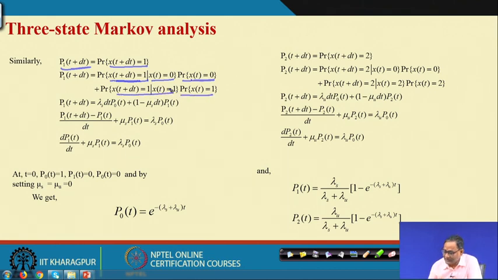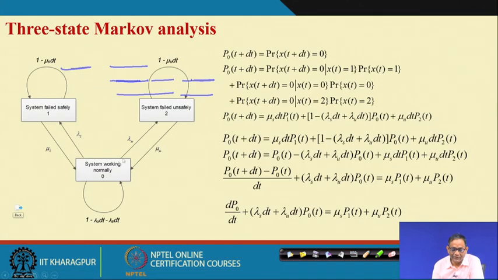We have not considered anything related to the transition from fail safe to fail unsafe or fail unsafe to fail safe. This is not possible under the given condition. So, there is no other transition apart from 0 to 1 or remaining at 1. Similarly, here 0 to 2 or remaining at 2. There is no state transition from 1 to 2 or 2 to 1.